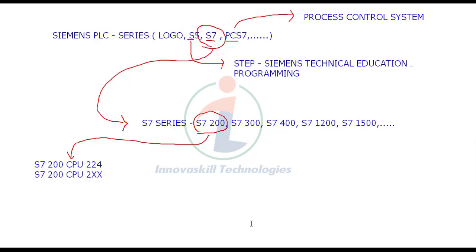Next, S7 300. If you take this S7 300, again in S7 300 we have many models. It will start with S7 300 CPU 312, S7 300 CPU 312C.